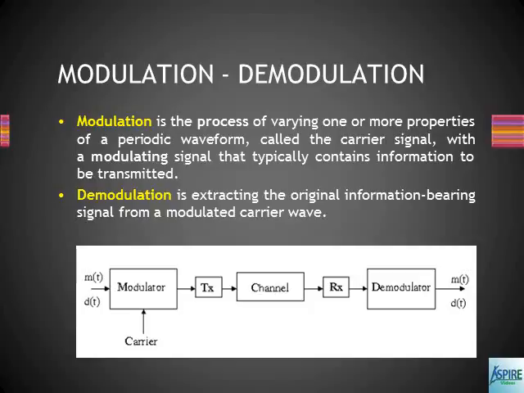Modulator is used at transmitter side to modulate the data signal coming from the transmitter, and after modulation it sends the data over communication channel, and at the receiver side demodulator is used to demodulate the modulated signal.